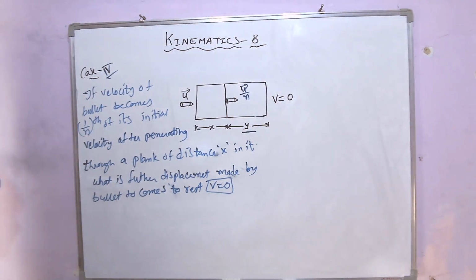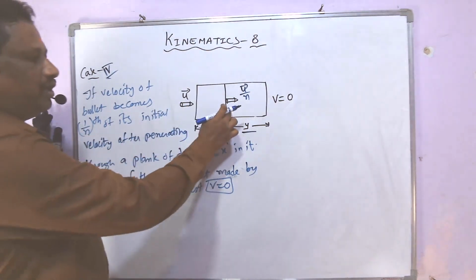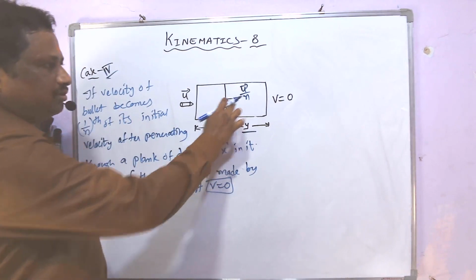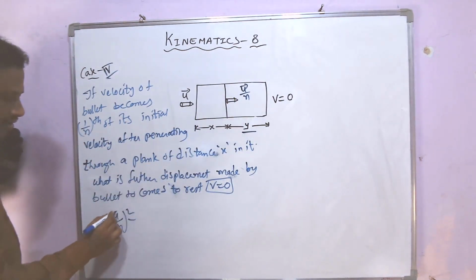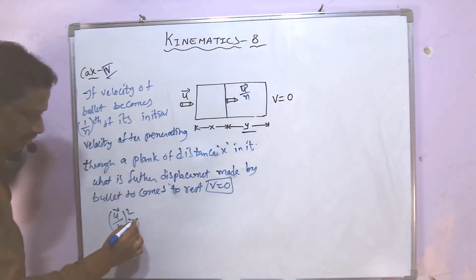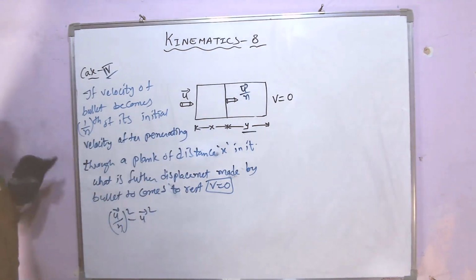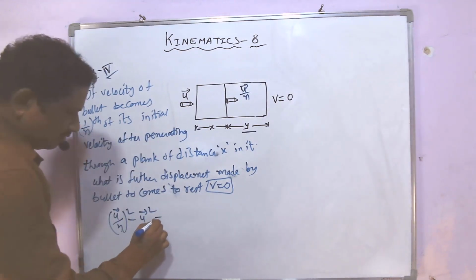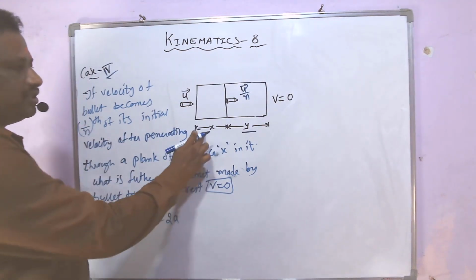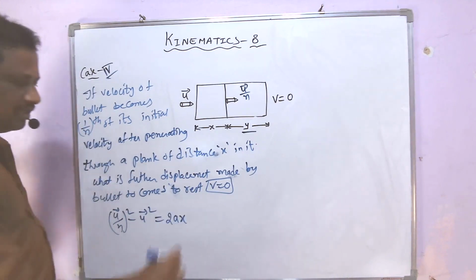Okay. In the first case, after traveling distance x, its final velocity becomes u by n. Final velocity minus initial velocity u bar, so v square minus u square is equal to 2as. In place of s, the distance travelled is x.